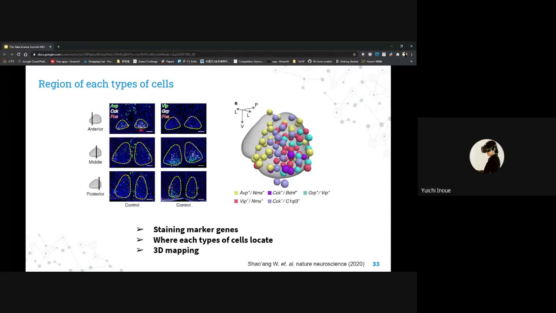For example, on the left, the marker genes ABP, CCK, and FOS are stained in different colors. Then they mapped out in 3D where each type of cell is distributed in the region of interest. These three-dimensional representations of the location of neurons may be useful in future studies of neural networks.